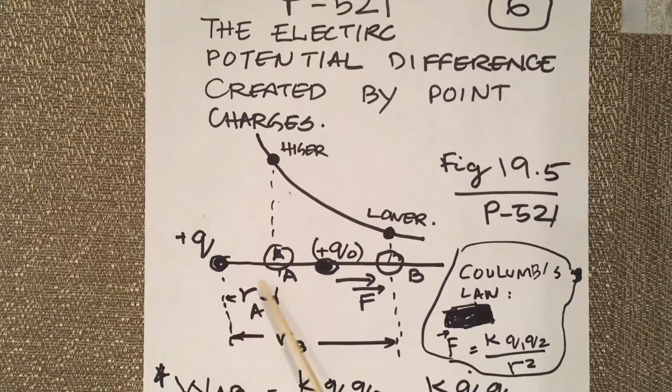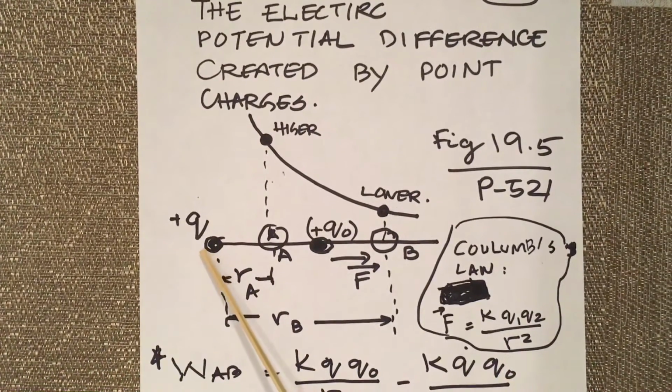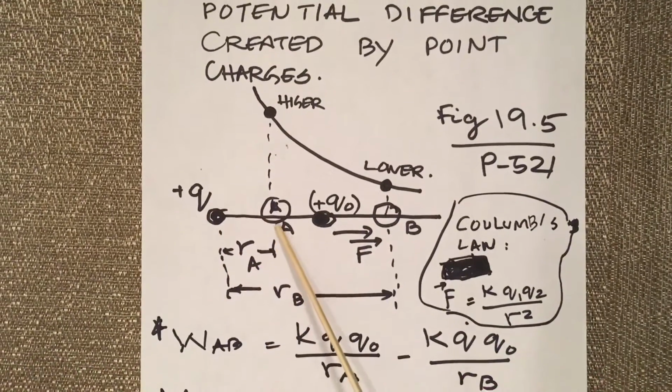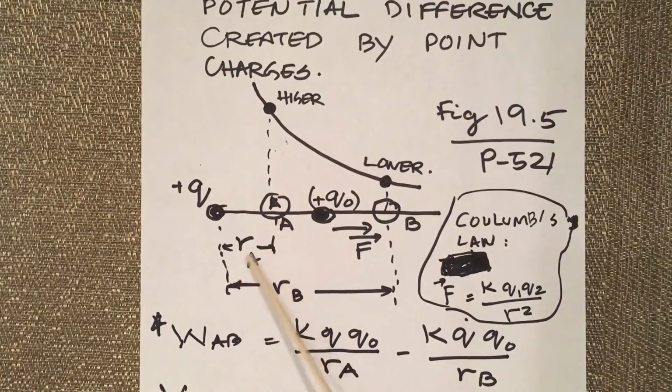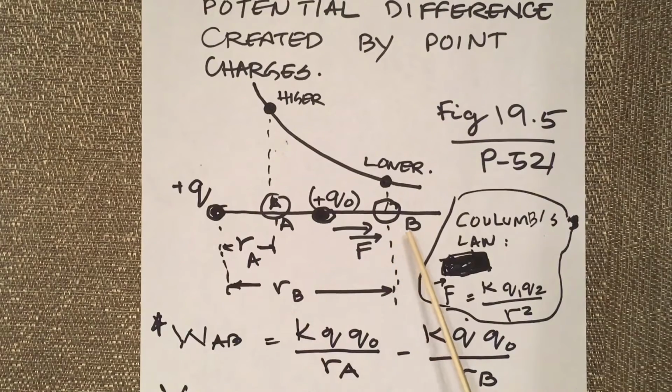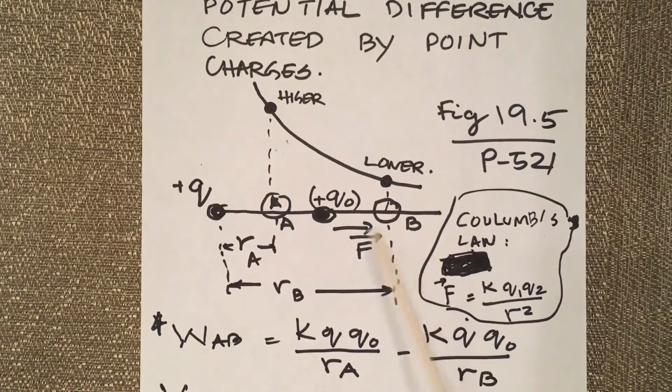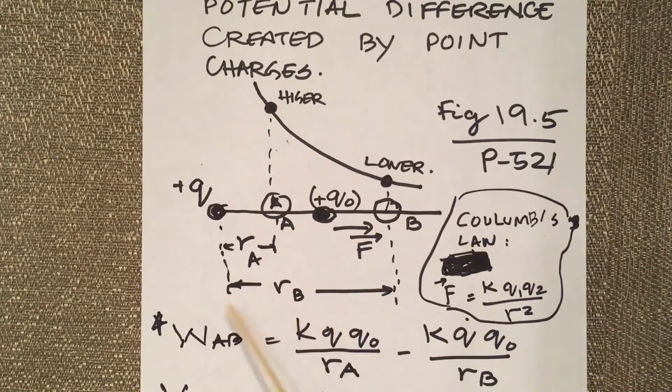Now Q, which is the charge, is away from point A, distance-wise R_A, and charge Q0, which is the test charge, is at the point we are considering as point B. So that difference between R_A and R_B will take into account 2 different distances, okay?